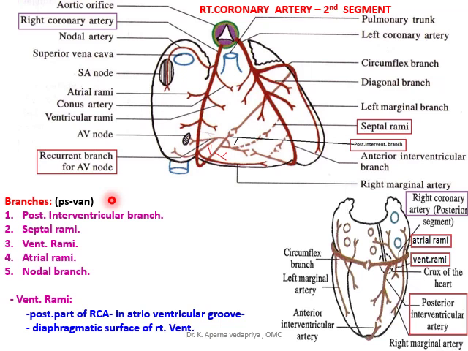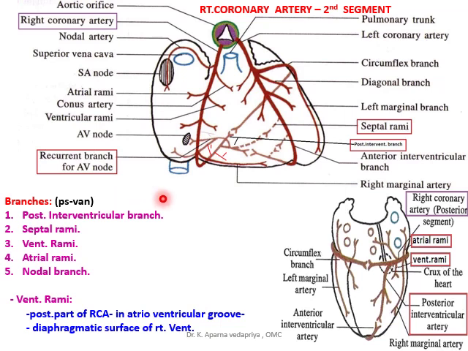So the first segment is CM1 and the second segment you can remember as PS1, personal secretary for the CM. Either way, you can just remember the branches, I'm just saying this for your flexibility. By PS1 you can remember: P stands for posterior interventricular branch, S stands for the septal rami, V stands for the ventricular rami, A stands for the atrial rami, N stands for the nodal branch.